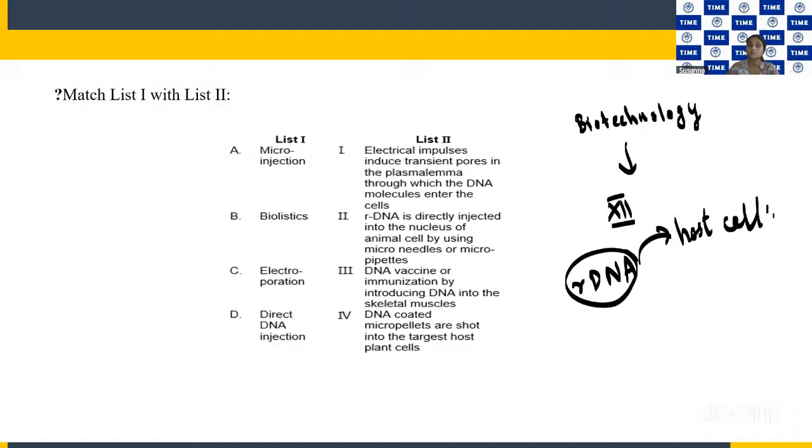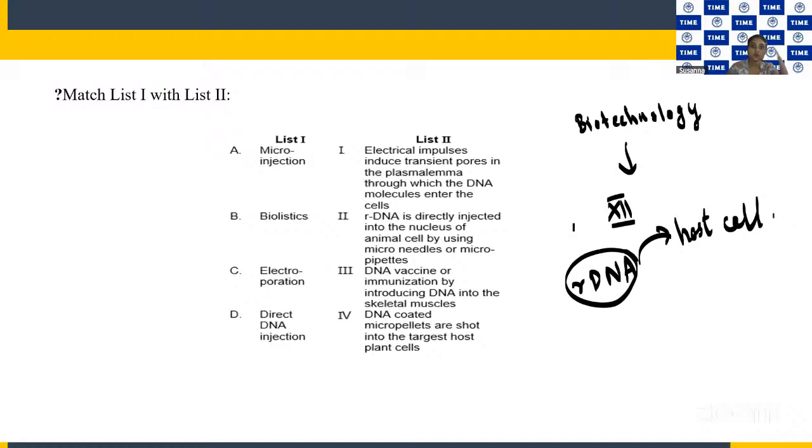Through these methods we can do that, and they are giving the direct explanation of that. So you have to scan through list 1 and list 2, and see whether you are able to make any connections between the terms and their definitions. These are the direct definitions.